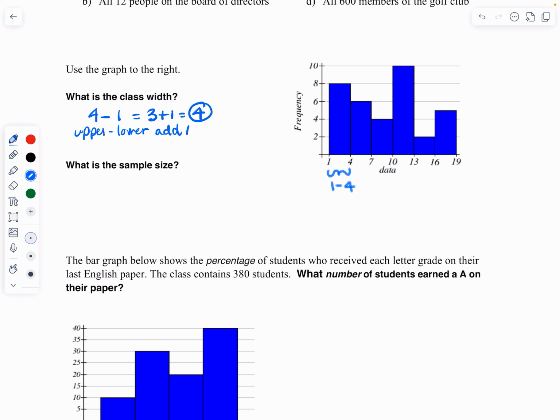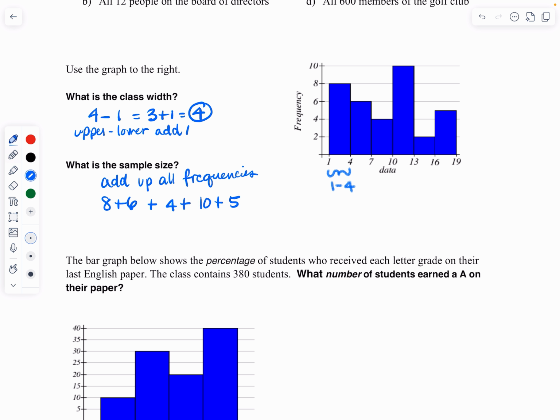What is the sample size? To find the sample size, you have to add up all the frequencies. So I'm going to add 8, that's the first one. Then I have 6, then 4, then 10, and then 5.